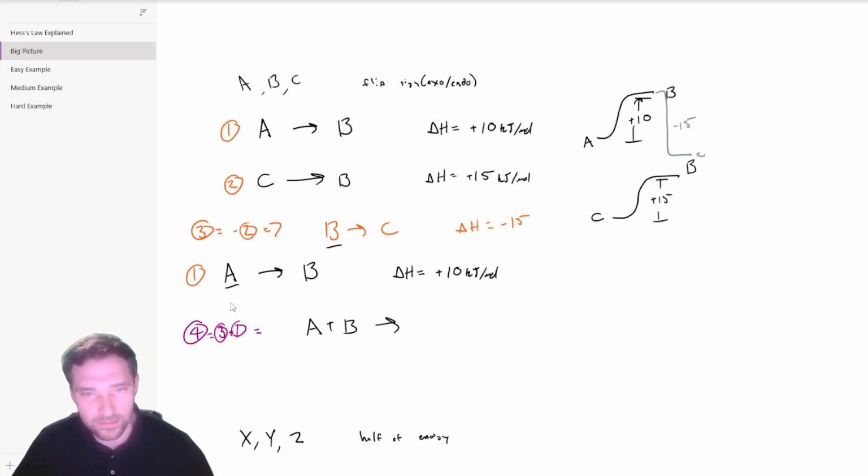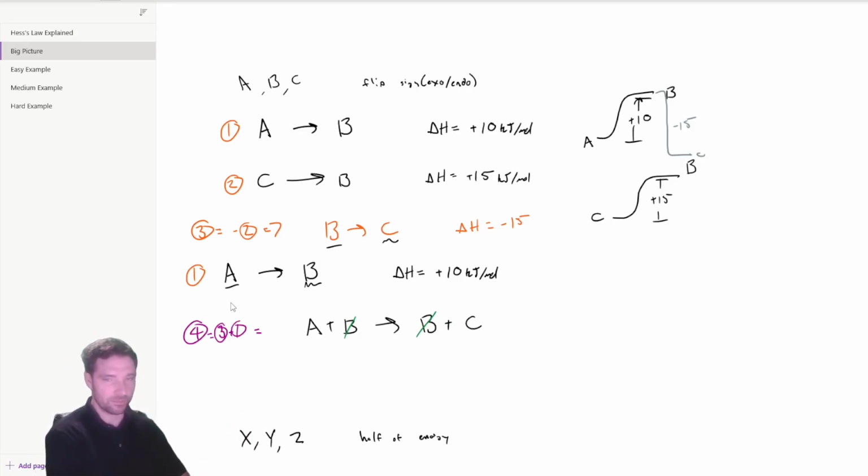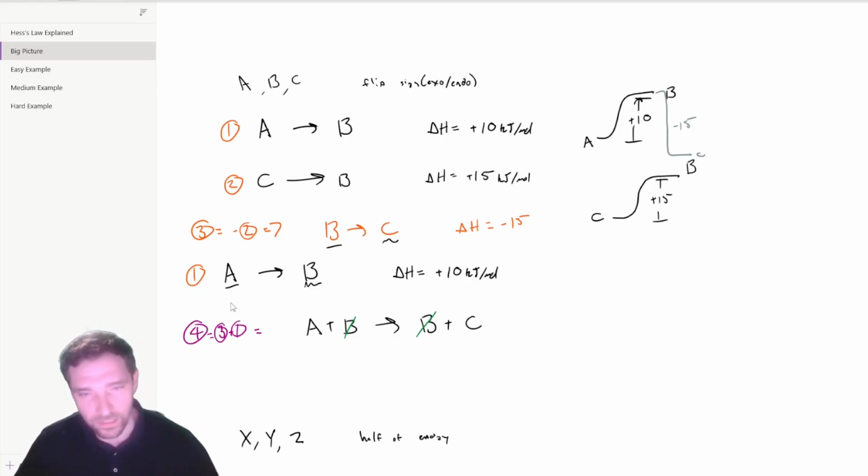And now we've got our two products here, so that's forming a B and a C. And as you can see, if you've got something that's present as both a reactant and a product, they get canceled out. And you're left with this new reaction of A going to form C.